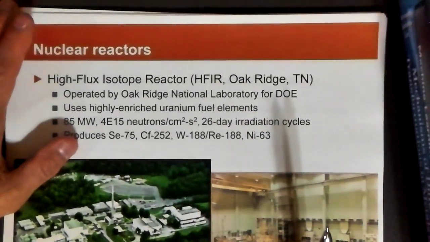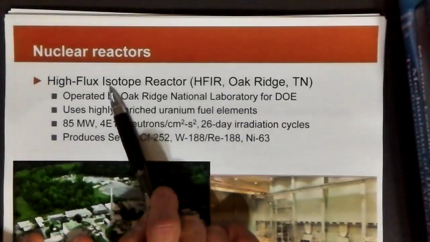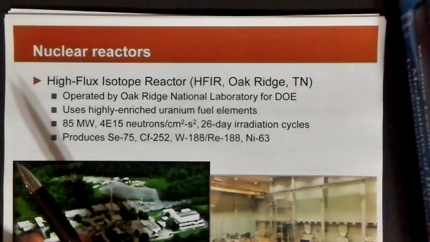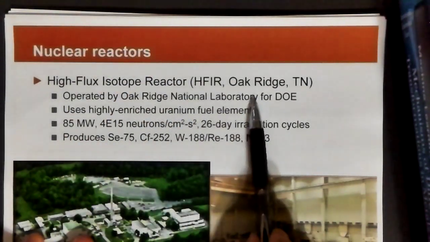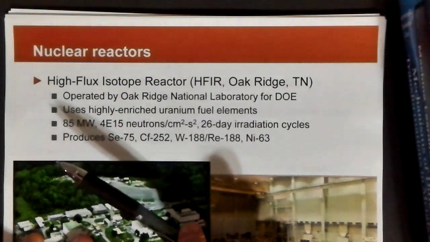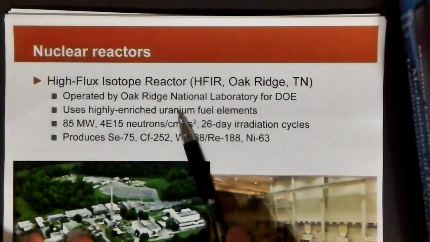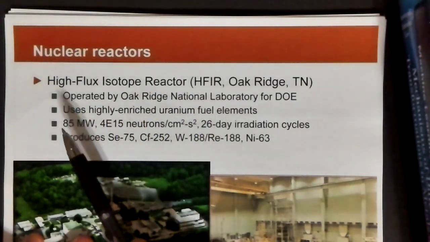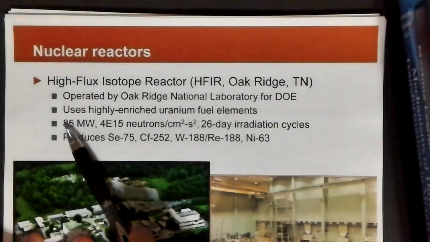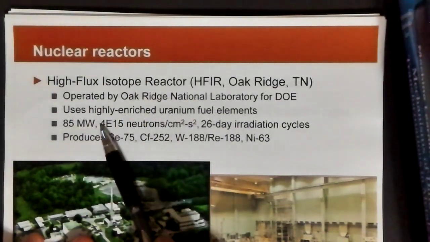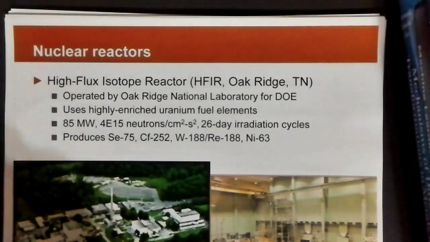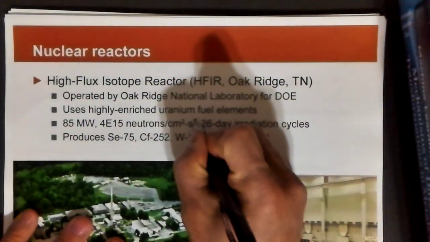Now, the HFIR, the High Flux Isotope Reactor in Oak Ridge, Tennessee, at the Oak Ridge National Laboratory, this one's still in operation, and this uses highly enriched uranium fuel elements. The power is 85 megawatts, and it's the highest flux of neutrons from a reactor in the world.